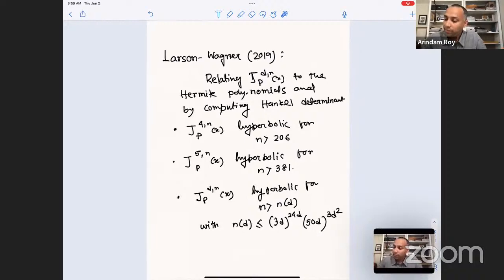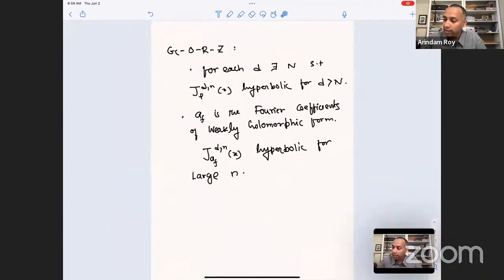Then Griffin, Ono, Rolen, and Zagier, in the paper I mentioned previously, said that for each fixed d, there exists a capital N such that the Jensen polynomial is hyperbolic for all n bigger than N. They then give some numerical evidence for certain d.